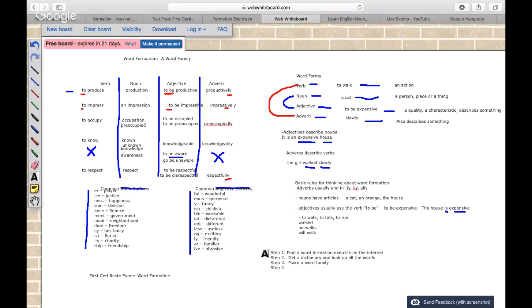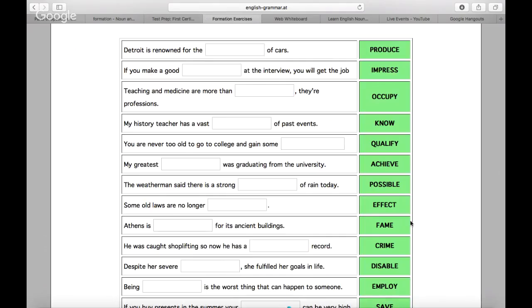And step 4 would be to answer the questions or complete the task using the words that you learned. Okay, so we have looked at these words, we've made a word family, it didn't take that long, and now let's just complete some of them.